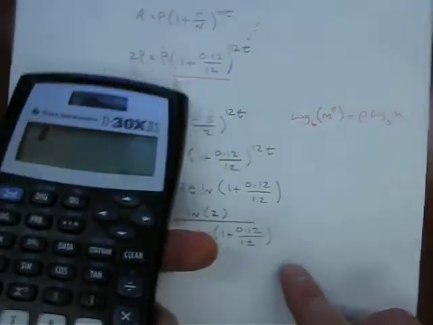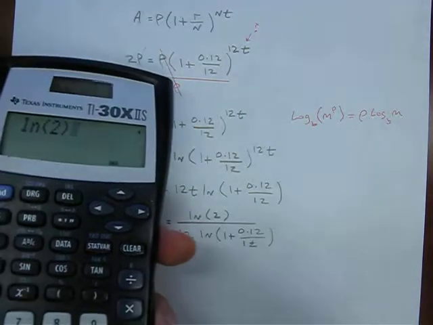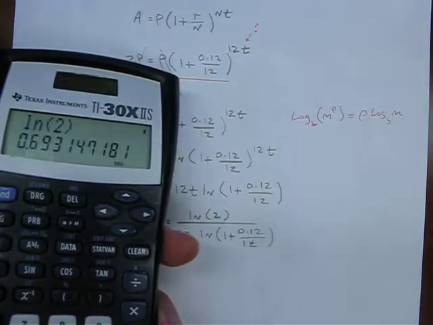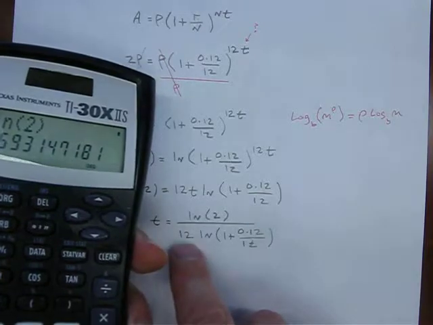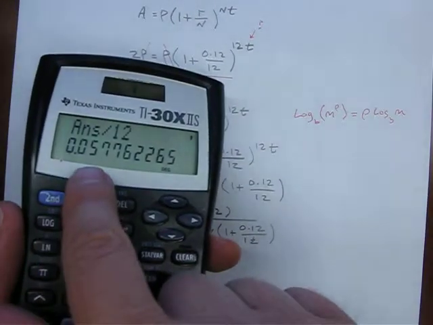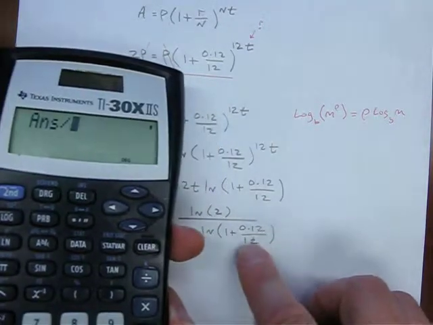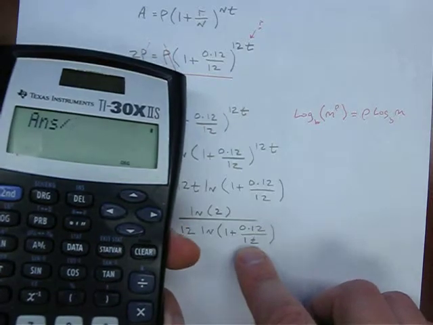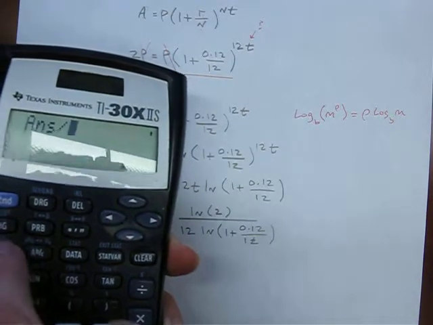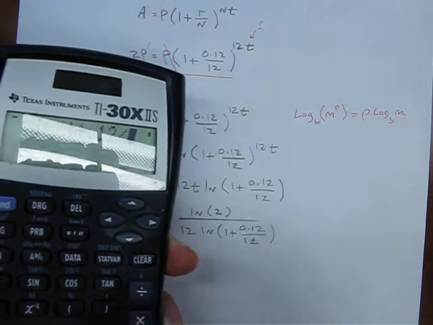So I'll do like so. What's natural log of 2? What's that number on top? Okay, there. I need to divide it by 12. Okay, there. Then I need to divide it by that. I'll just hit divide again. Natural log of 1 plus 0.12 over 12.